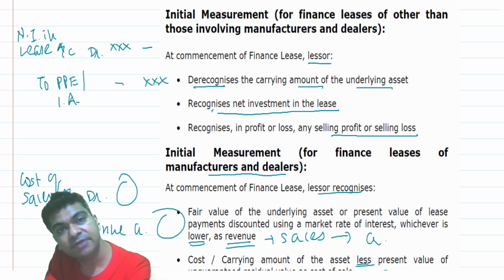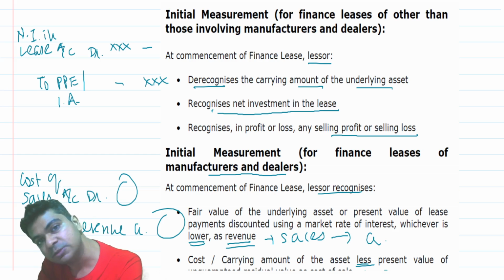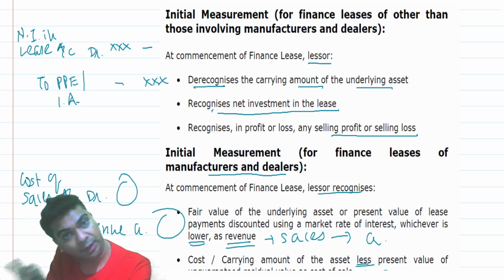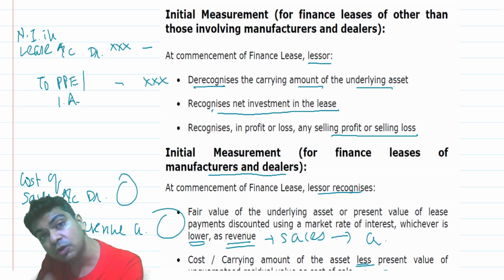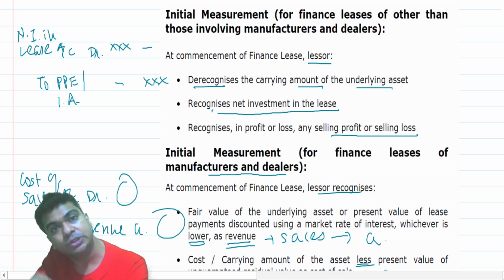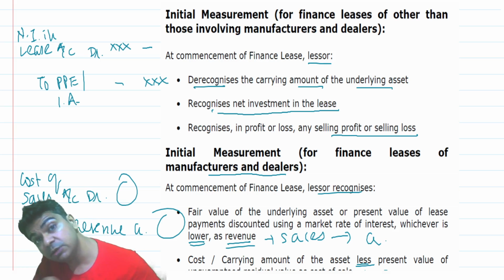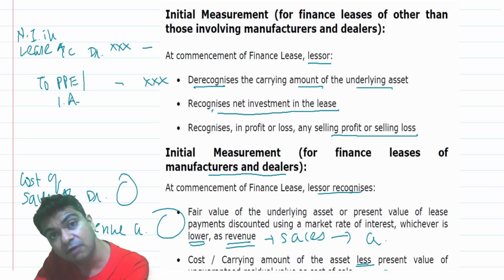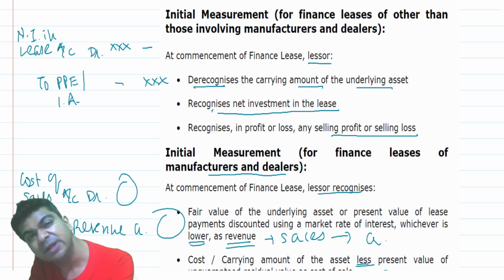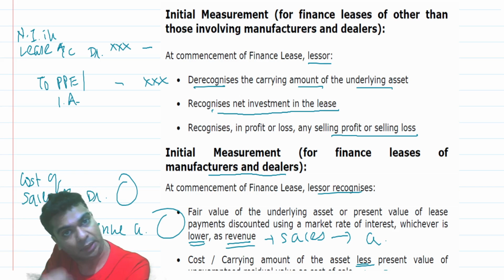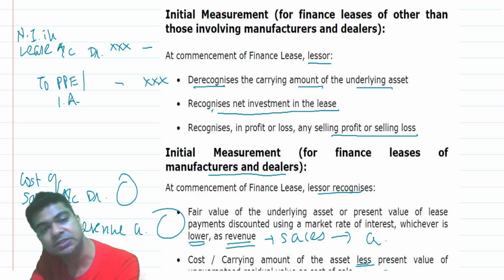In one case we will recognize net investment, in the other case there will be cost of sales or cost of goods sold, which should be debited. And then we calculate the selling profit or loss, which in both cases is determined in a very different manner. So why are we distinguishing between the two types of finance lease?